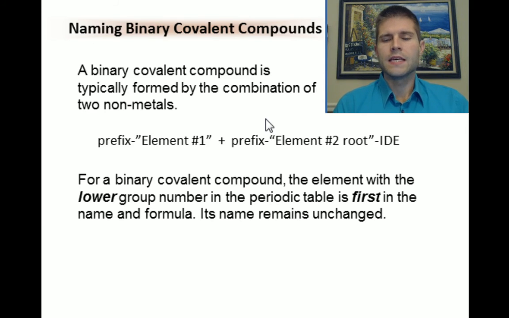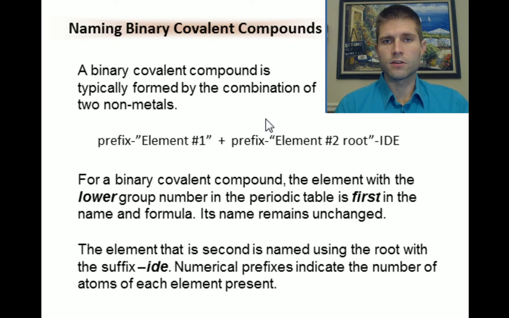What happens if both elements have the same group number? So like oxygen and sulfur. How do we know which one is written first? Well, if both elements have the same group number, oxygen is group 6, sulfur is group 6, then the one with the highest period number gets written first.